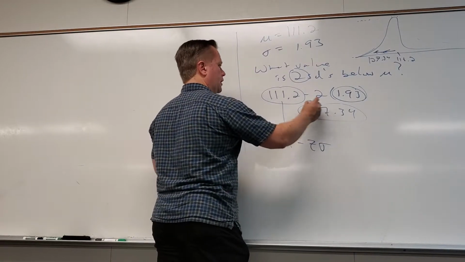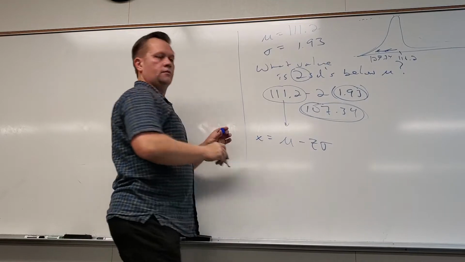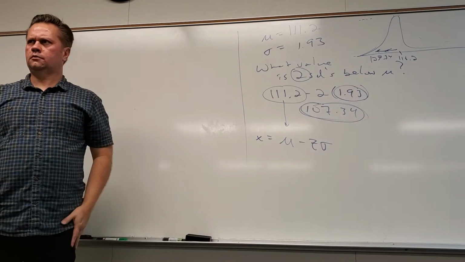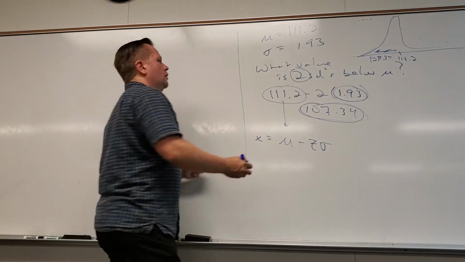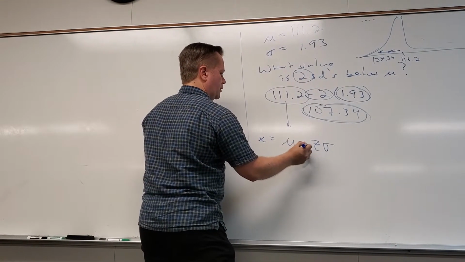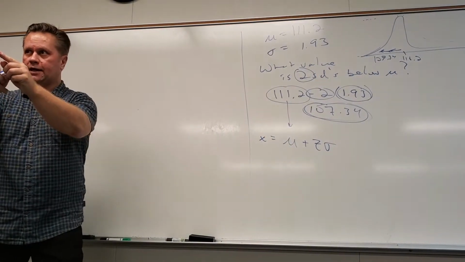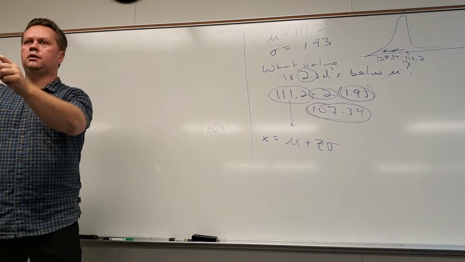Standard deviation. And we ended up with a data value. Right? And really, 2 standard deviations below means the z-score was negative. So if I make the formula this, why is the z-score negative? Because I am below the mean.